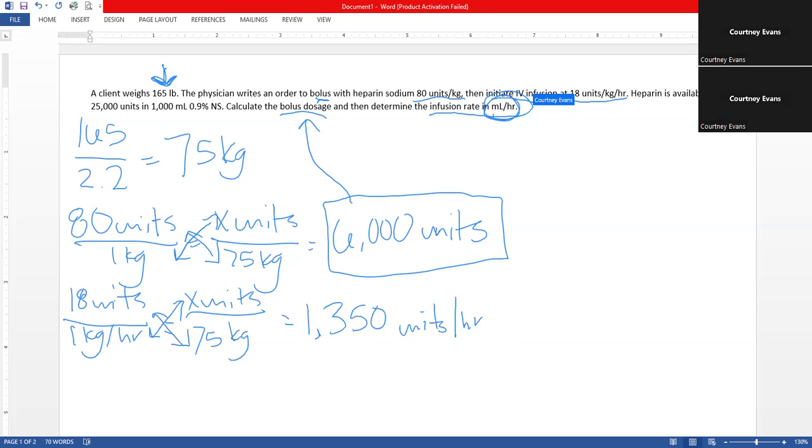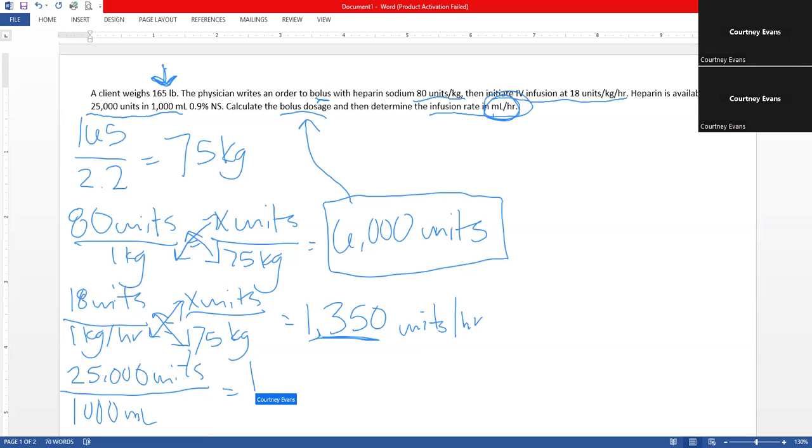All right, so the next thing we have to do is find what heparin is available as. It's available at 25,000 units in 1,000 mLs. So right here at the bottom, I'm going to write 25,000 units over 1,000 milliliters equals, and we're using this, 1,350 units, and I'm going to put per hour so we don't leave that behind, over X milliliters, and that's going to leave us with the mL per hour.